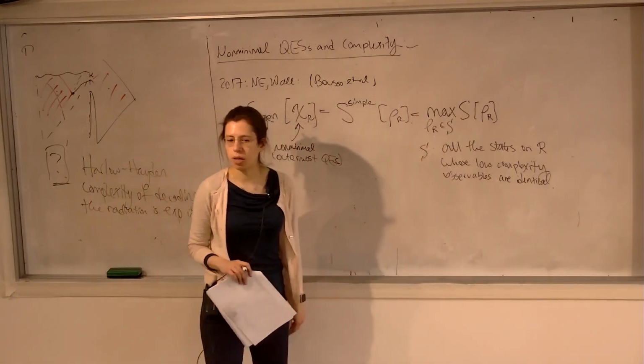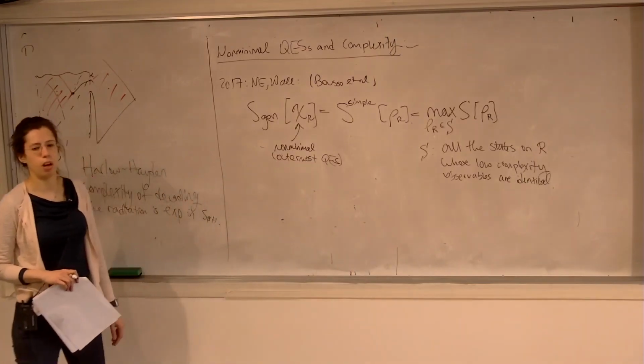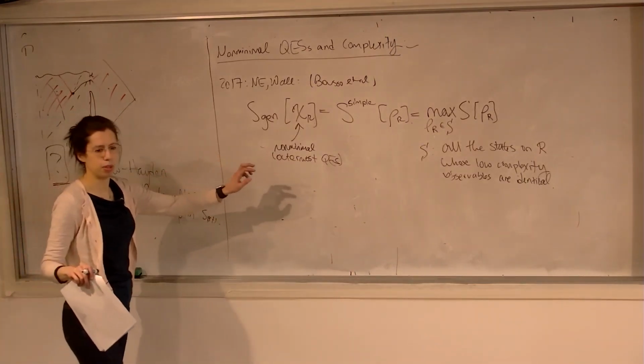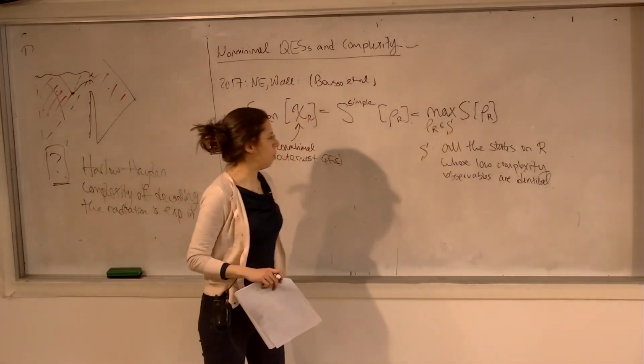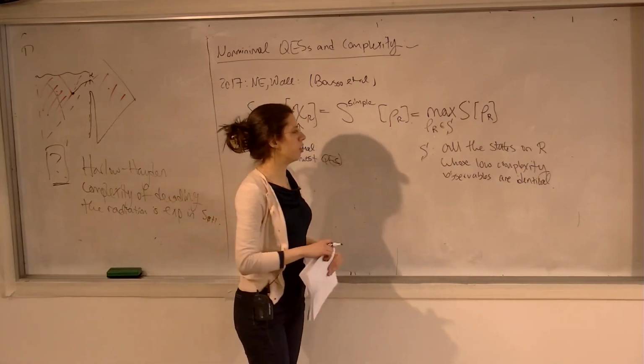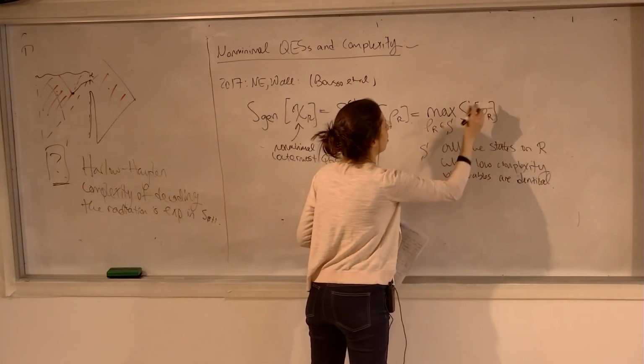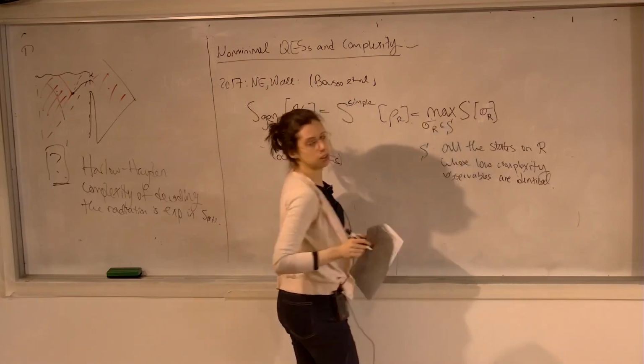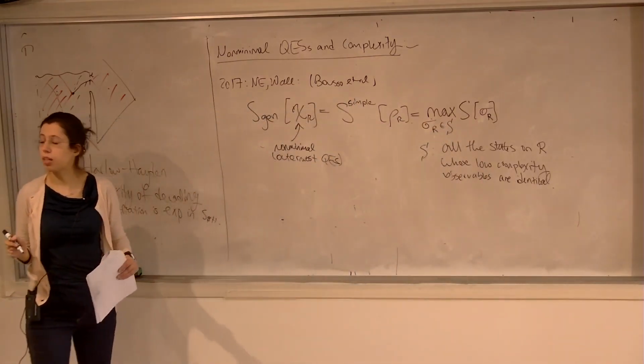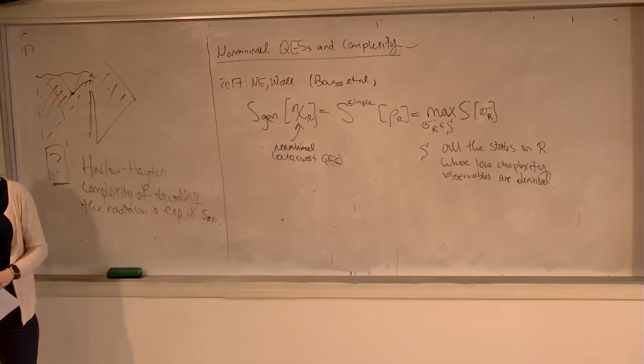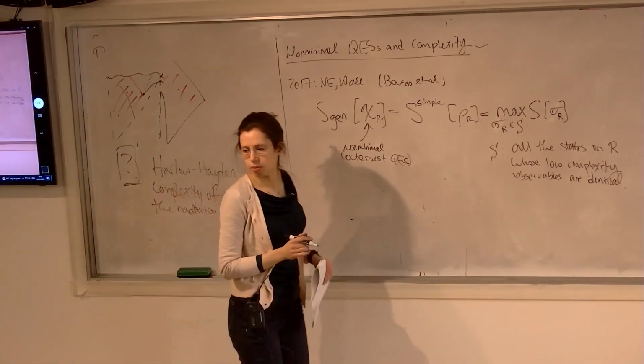And among all these states, we ask what is the one with the largest fine-grained entropy. We call that the coarse-grained entropy of our original state. Is this maximization well defined? It could be a supremum, not a maximum. Yeah, it could be a supremum.